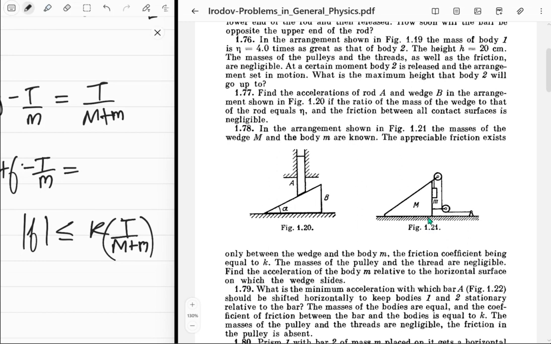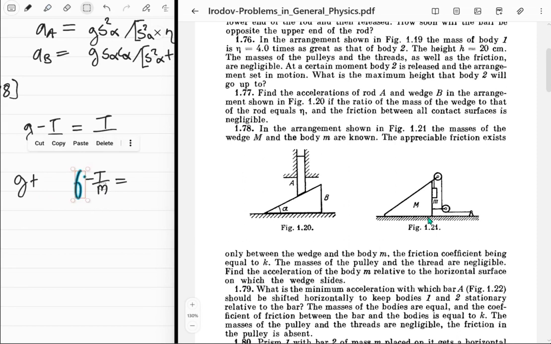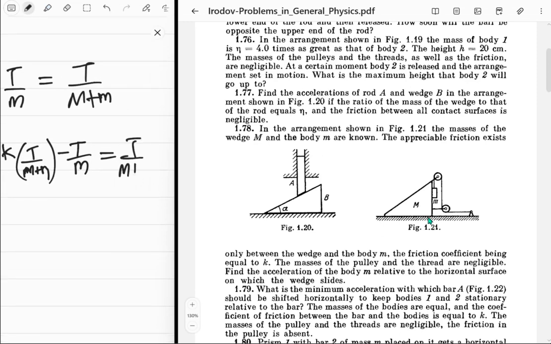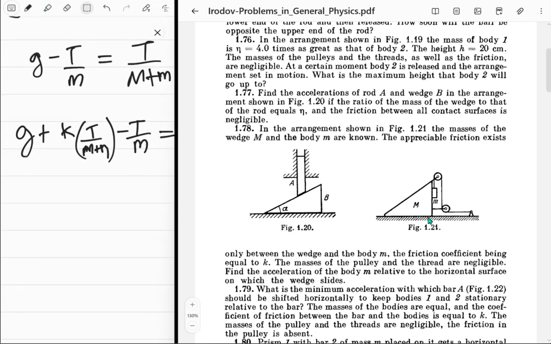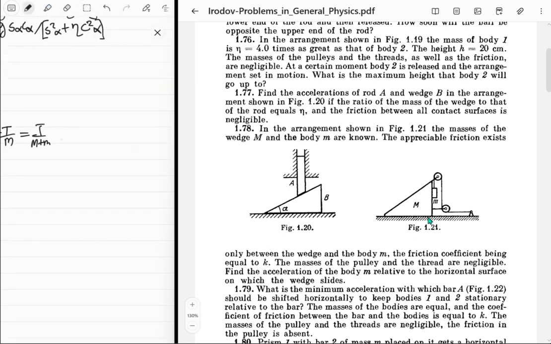Then in that case, if it is going down, then friction is positive and it's equal to k times this acceleration, right? So plus k times capital T upon capital M plus small m, all that stuff, capital T upon this thing. This is equal to the acceleration that we are looking for. Oh, not this, sorry. Not this equation because this equation is flawed as we saw earlier.